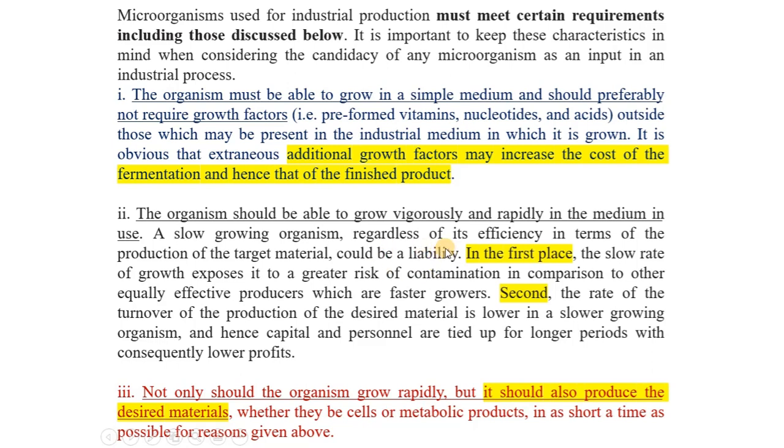If it is very slow in growth, this will decrease the efficiency of the production. In the first place, a slow rate of growth exposes the process to a higher risk of contamination.